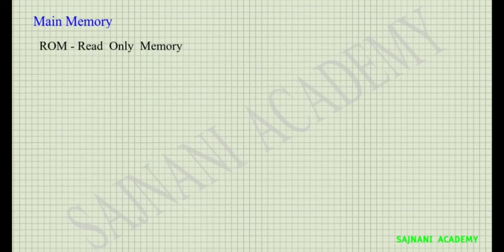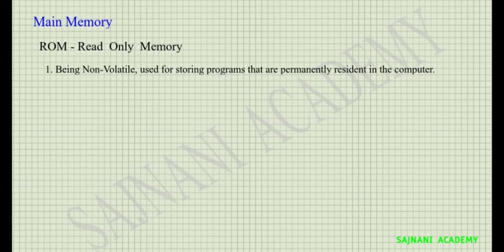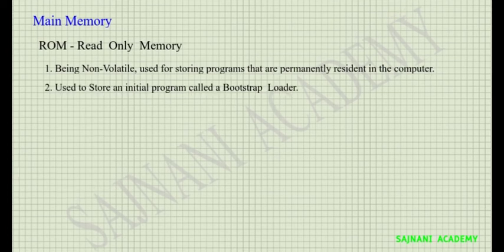Next is read-only memory or ROM. It is a non-volatile type of memory and we can only read the contents from the ROM. So it is used for storing the programs that are normally permanently resident in the computer.